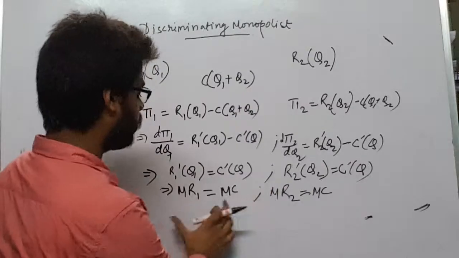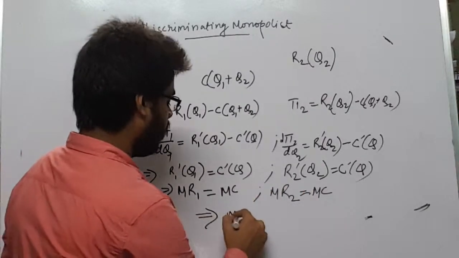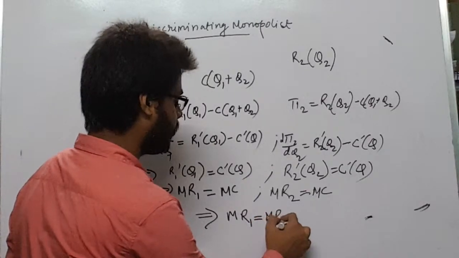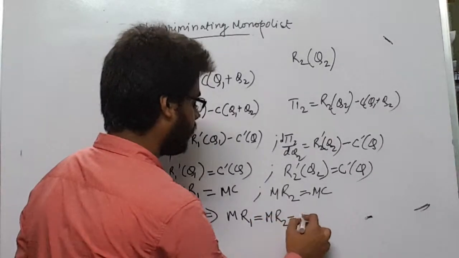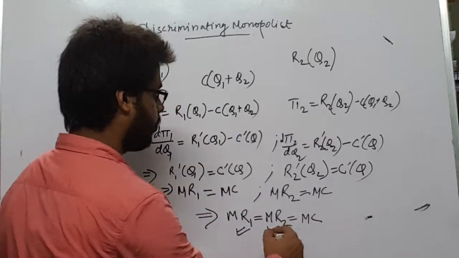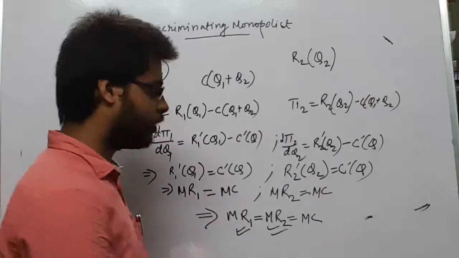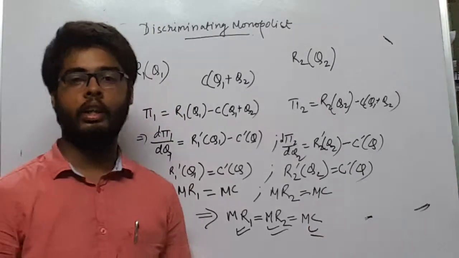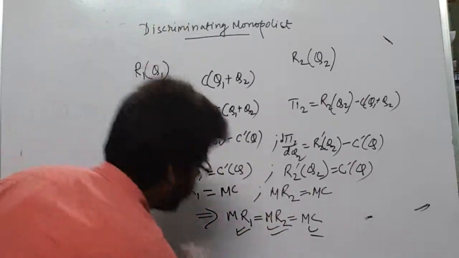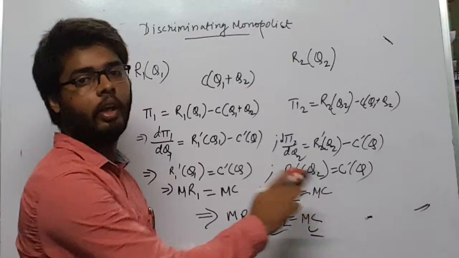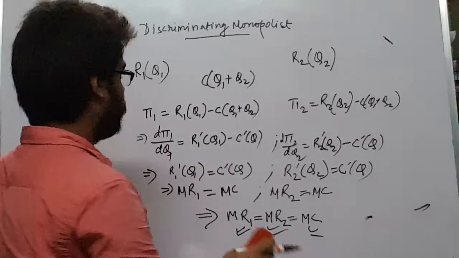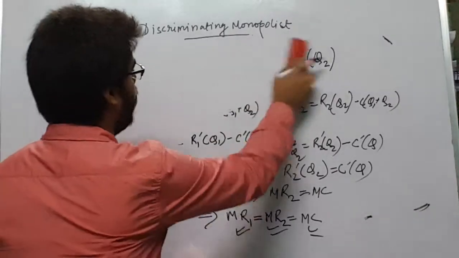If we combine both these equations, we get that for profit maximization in case of a price discriminating monopolist, the equilibrium will take place where the marginal revenue from the first market equals the marginal revenue from the second market, and that equals the marginal cost of production of that particular good. So the condition we are getting is MR1 equal to MR2 equal to MC. Now, this is not yet over. There are still some stones to be unturned.